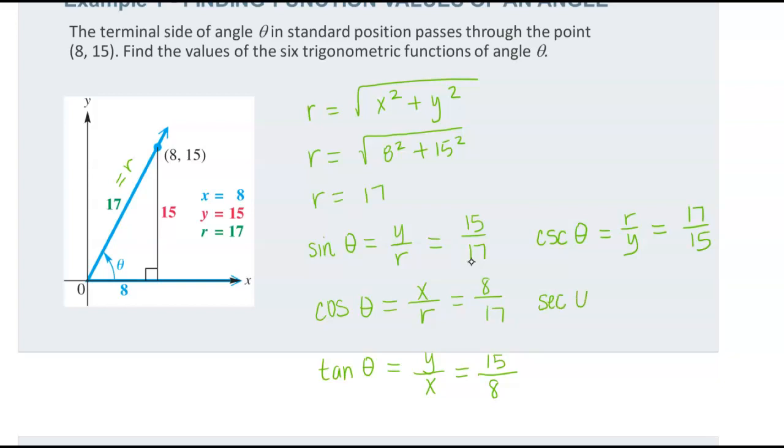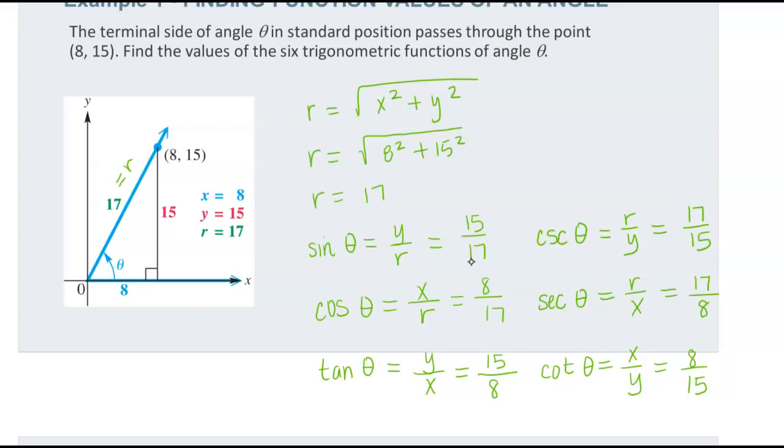Secant is the reciprocal of cosine. So it's r over x, or in this case, 17 over 8. And then the cotangent of the angle is the reciprocal of tangent, or x over y. In this case, it'll be 8 over 15. Those are the 6 trigonometric functions for the angle theta, whose picture is drawn on the left.